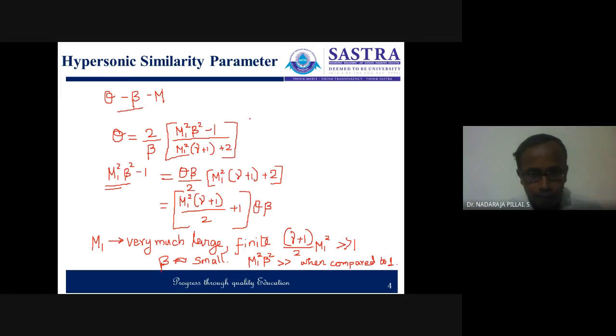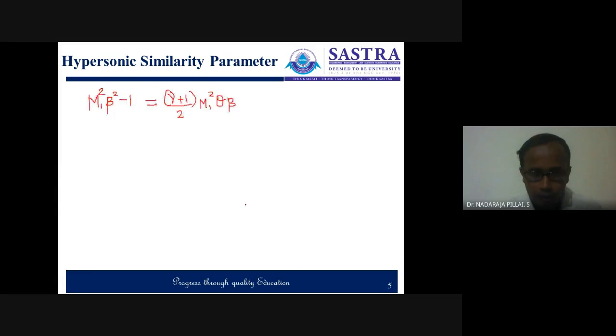Because we know that this 1 has no meaning, being very much greater than 1, we write M1 square gamma plus 1 into theta beta.